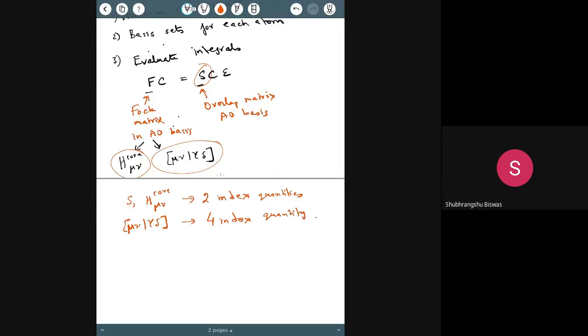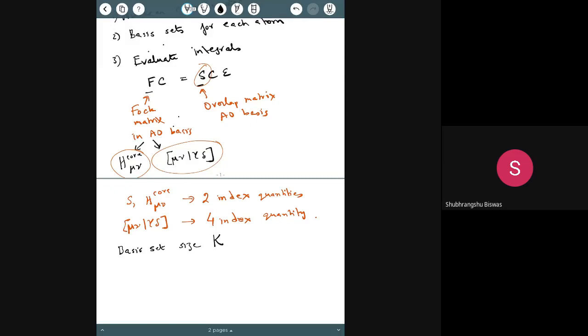So let's look at how expensive it will be to compute this, or the number of elements that I need to compute. So let's say I have a basis set size k. This means that I have a total of k basis functions for my molecule, which is the sum of the basis set sizes of all the atoms.